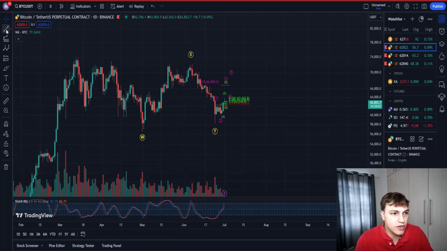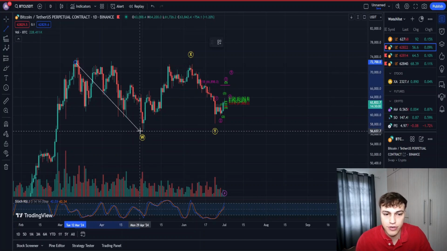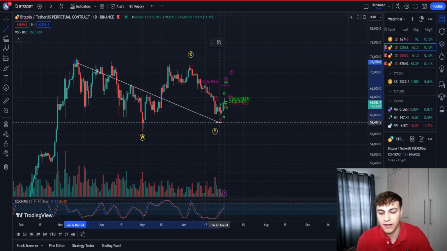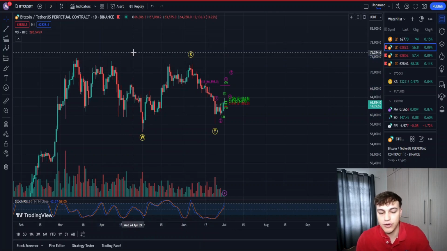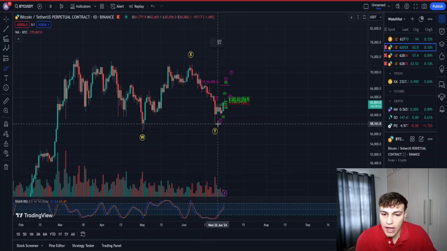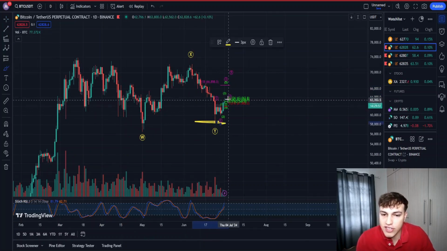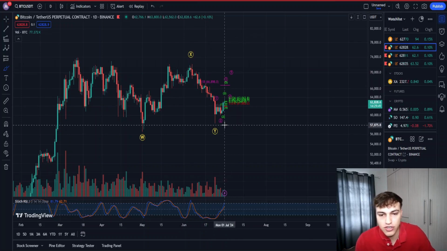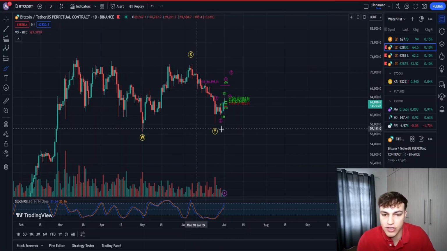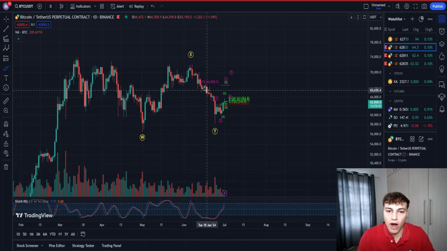So at the moment we're looking at this WXY, and the WXY should be finished, could extend a little lower, but should now be finished as it's reached the minimum target for a Y wave.